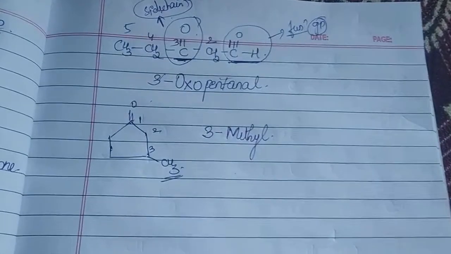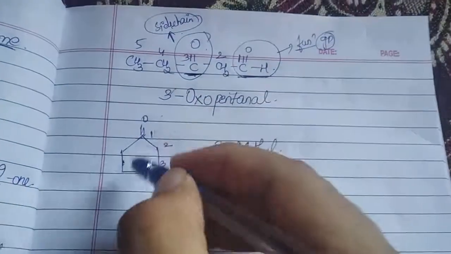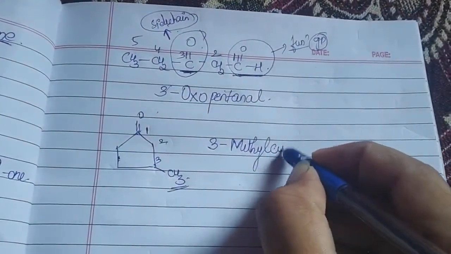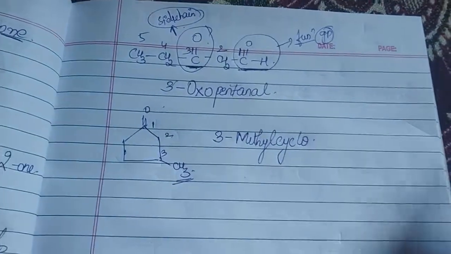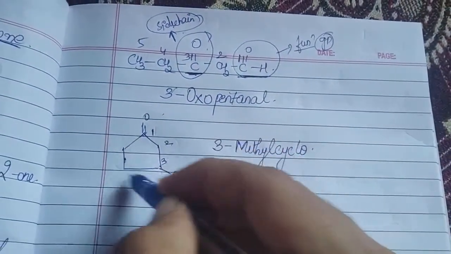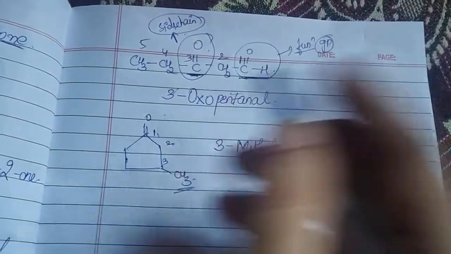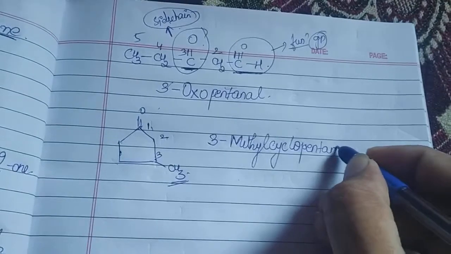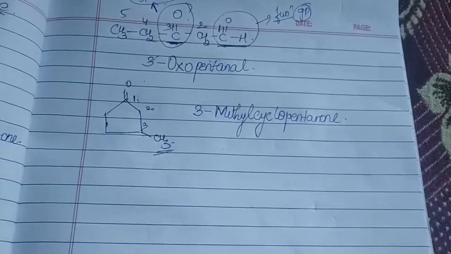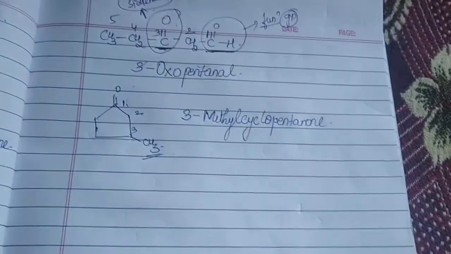Then comes the secondary prefix. What does it indicate? The cyclic structure, by the word cyclo. Then as usual, the total number of carbon atoms: 1, 2, 3, 4, 5. That is your root word, pent, then ane and one. Are you getting my point? This is what I wanted to show you.